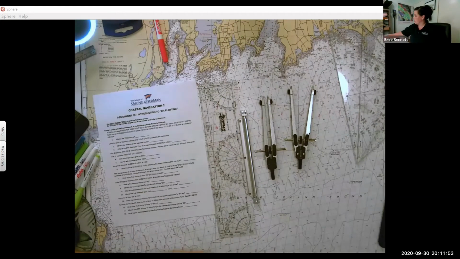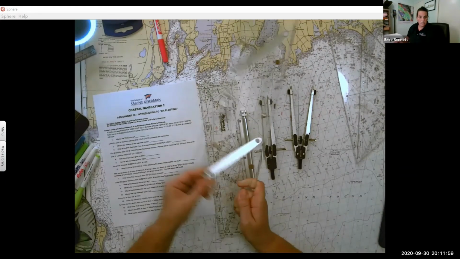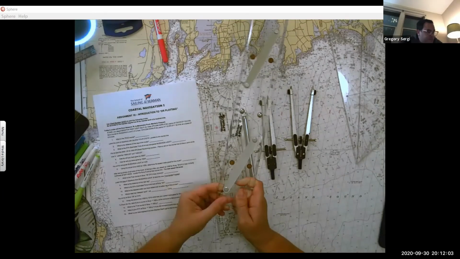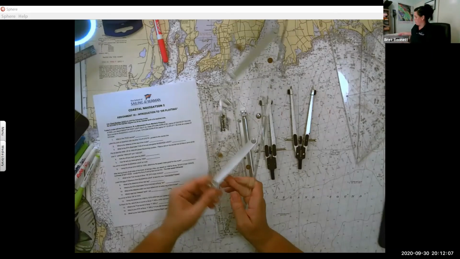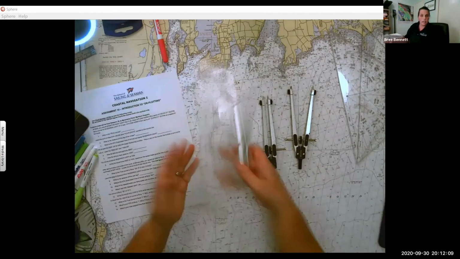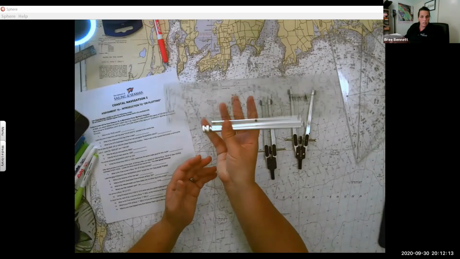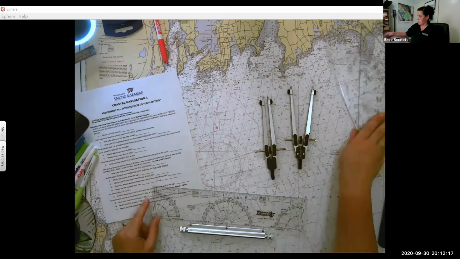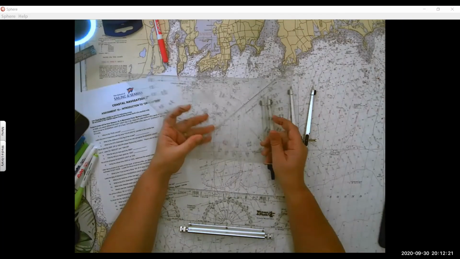Who here is using the parallel rulers? I am. Okay, maybe 2 or 3. So some people using those. Who is using the roll plotter? Okay, a couple. And who's using triangles? Right here, I'm using the triangle.